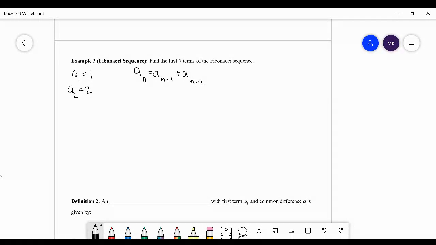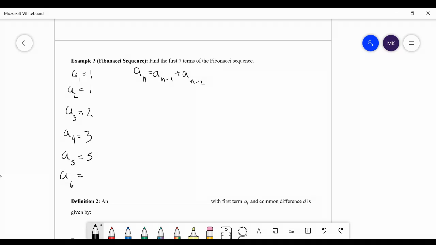And I just made a mistake here. The A sub 2 is 1. Sorry. So then A sub 3 is just the sum of the previous two. So 1 plus 1 gives me 2. A sub 4 is 1 plus 2, which gives me 3. A sub 5 is 2 and 3. It's 5.